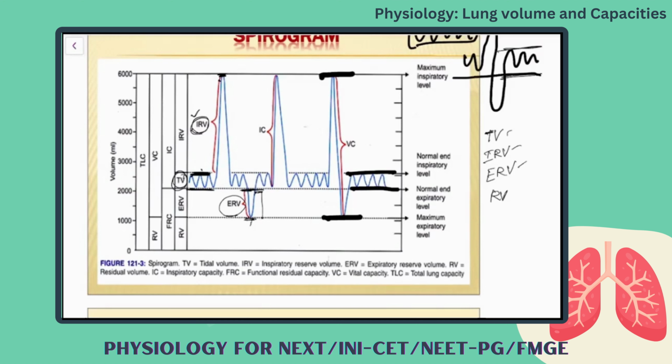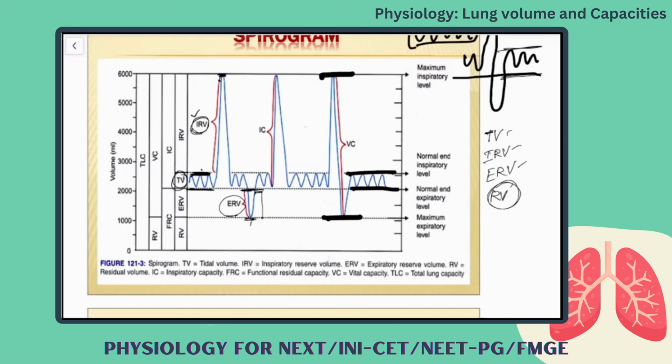And another thing is intrathoracic pressure, which is preventing the collapse of the lungs. And this is the 3rd factor. The residual volume is one more factor, that is the amount of air that always remains in the lungs, which will never be expired. So this volume of air is called residual volume.